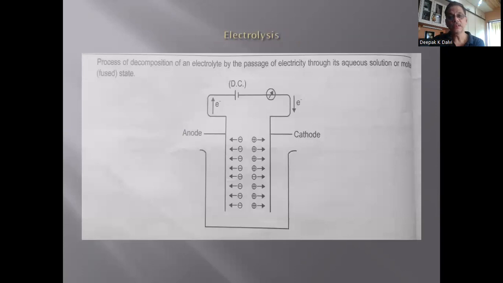So this is the diagram for electrolysis. Electrolysis is a process of decomposition of an electrolyte. Decomposition of electrolytes means the ionization, that is, the dissociation of ions that takes place in the electrolyte when a current is passed through it. So it is the process of decomposition of an electrolyte by passing electricity to an aqueous solution or molten or fused state solution.